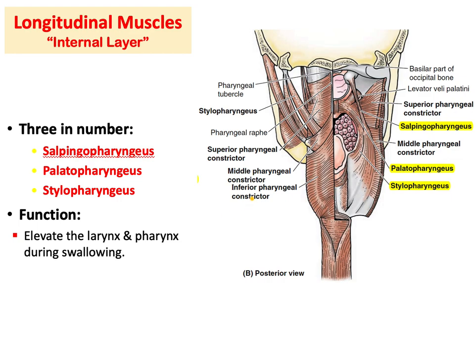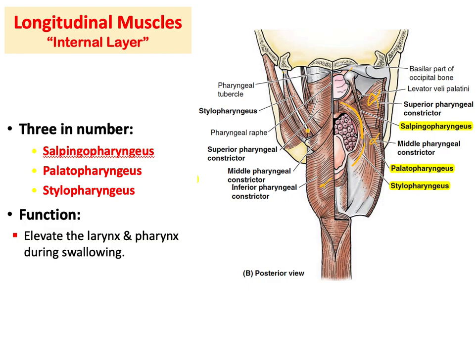down into the esophagus. Now, what about the longitudinal muscles? These are constrictor muscles, right? But the longitudinal ones are also three. One originates from the pharyngotympanic tube, we call it salpingopharyngeus, and one from the soft palate, which is originally part of the muscles of the soft palate, we call it palatopharyngeus, and one comes from the styloid process, we call it stylopharyngeus.